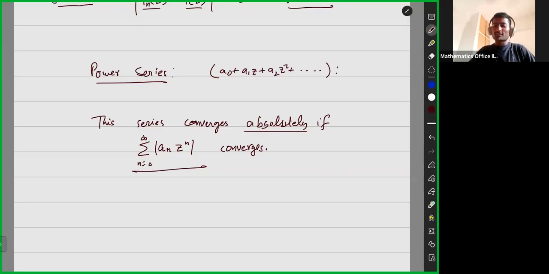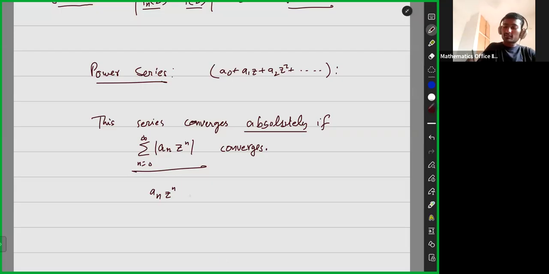I want to ask one question: when a series converges or absolutely converges, what happens to the nth term? Where does this sequence a n go?